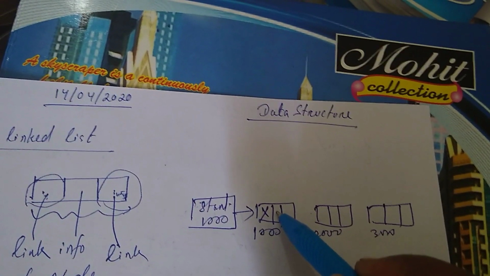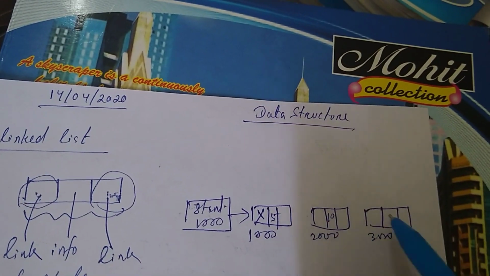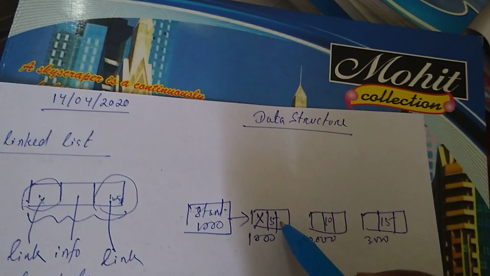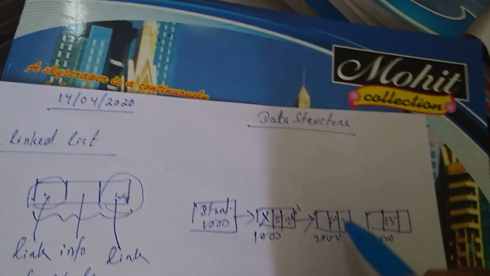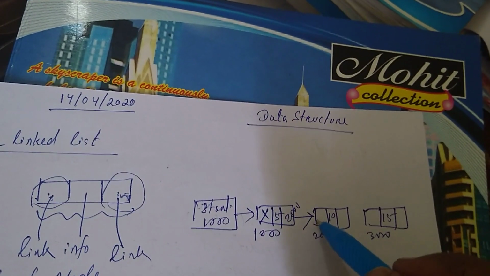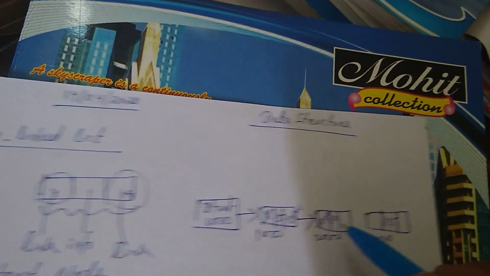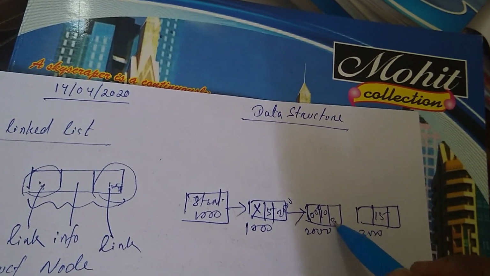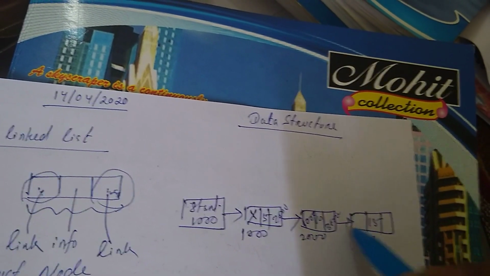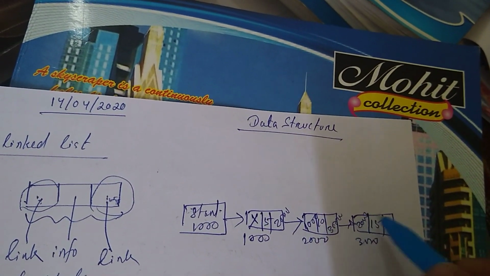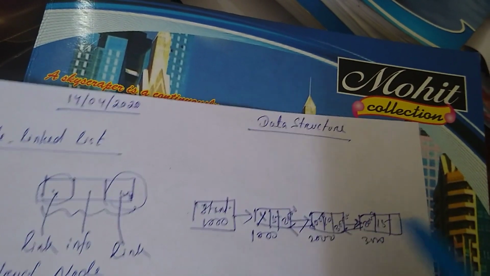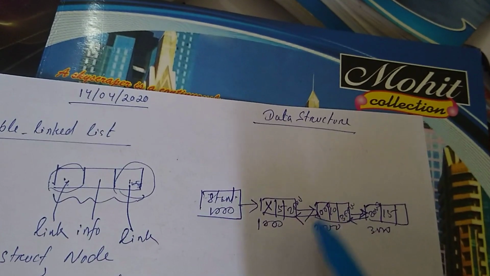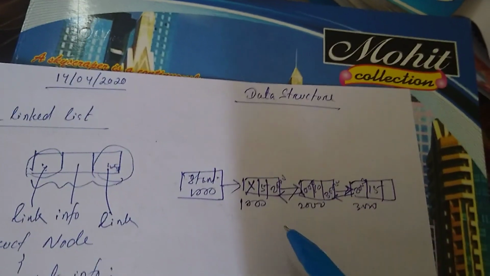Suppose the values are 5, 10, 15. Here it contains 2000, because after this node the node with address 2000 is present, and here it has address 1000, here it is 3000, and here it is 2000. So each points to the other as well. This is the double linked list.